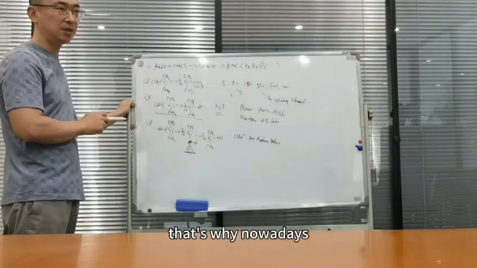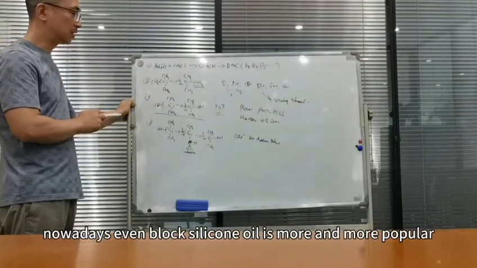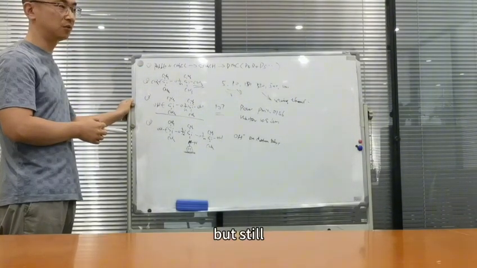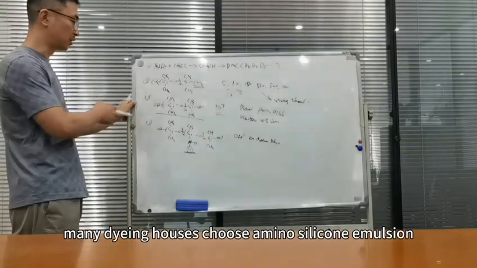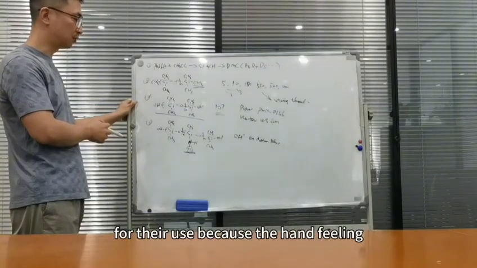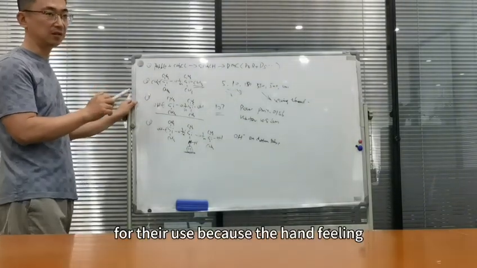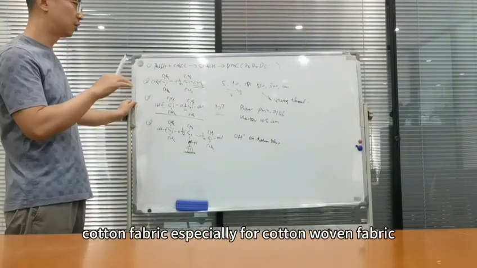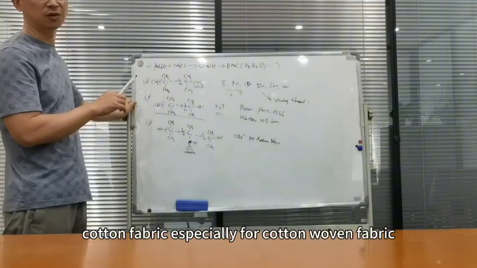That's why nowadays, even though block silicone oil is more and more popular, many dyers still choose amino silicone emulsion, because the surface hand feeling is really very good for cotton fabric, especially for cotton woven fabric.